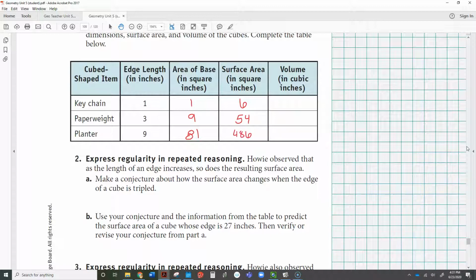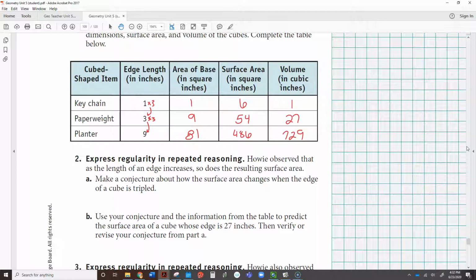And then this was 1 times 1 times 1, so that's 1. 3 times 3 times 3, 27. And then 9 times 9 times 9 is 729. So as the length tripled, we were multiplying. We said this times 3 to get that, and we said that times 3 to get that.